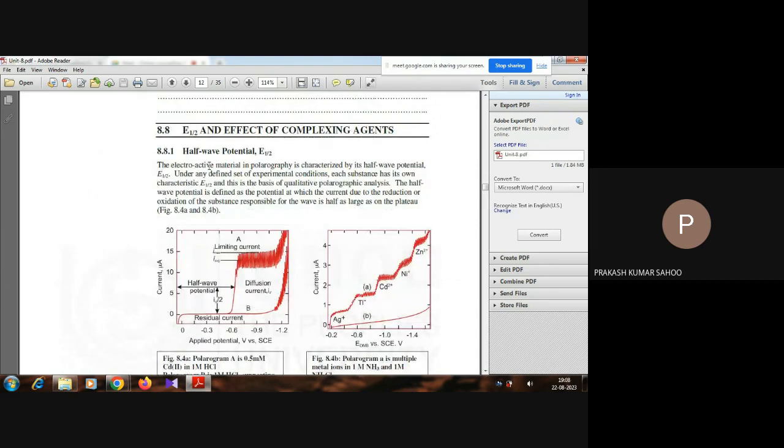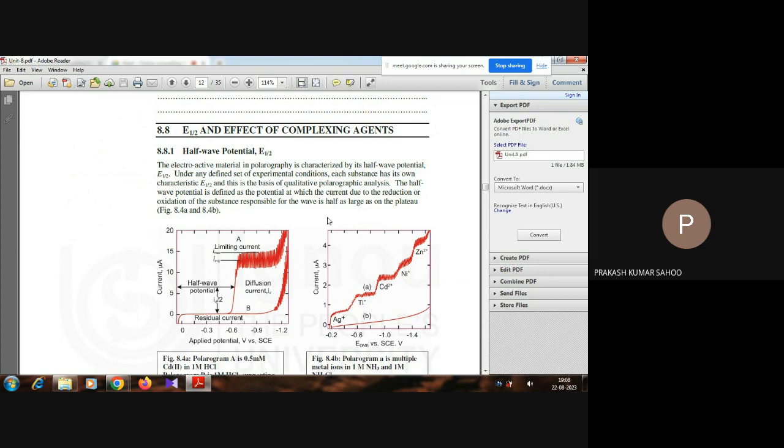The electroactive material in polarography is characterized by its half-wave potential. Under any defined set of experimental conditions, each substance has its own characteristic E half, and this is the basis of qualitative polarographic analysis.